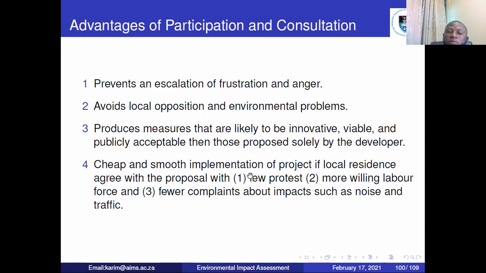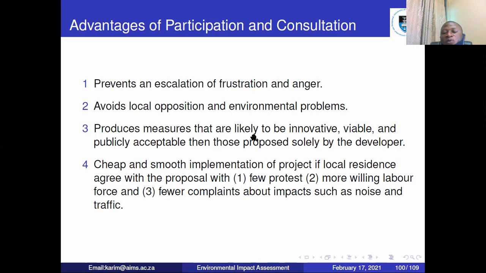It's not good. And here are the advantages. Frustration, escalation, and anger will be avoided. Local opposition and environmental problems will also be avoided. It produces measures that are likely to be innovative, viable, and publicly acceptable, so you get information from the people that can be better than those proposed solely by the developer.